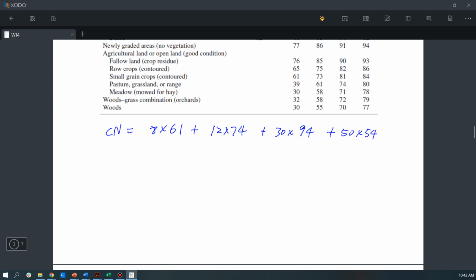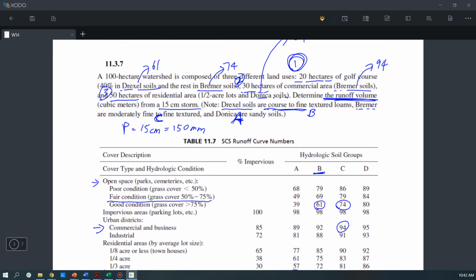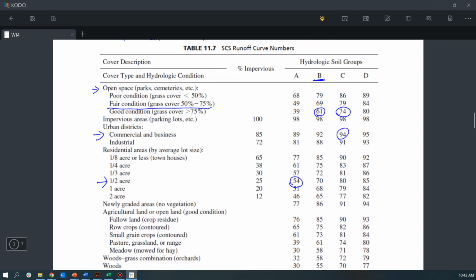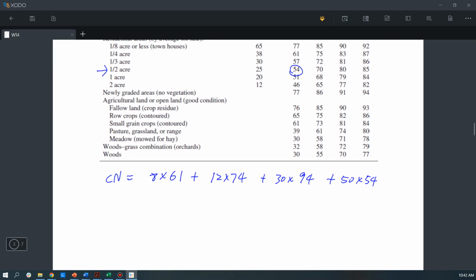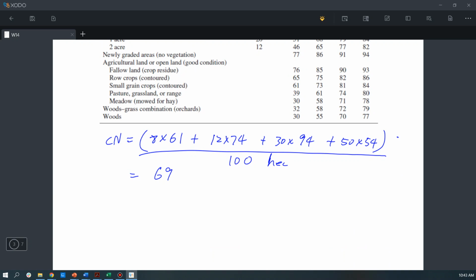So the first two terms is for the golf course, and because golf course we need to further separate into these two soil type, soil group. So we have two terms for that, and you just need to divide by the total area, which is 100 hectare in this case. Then we can get the CN number for this region is equal to 69.